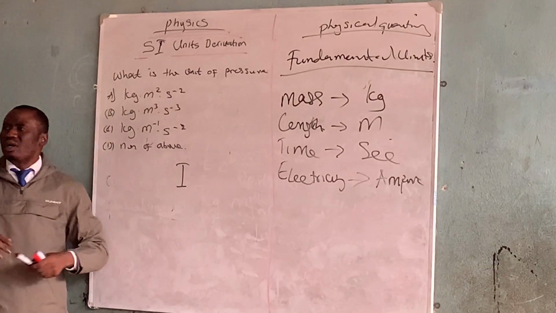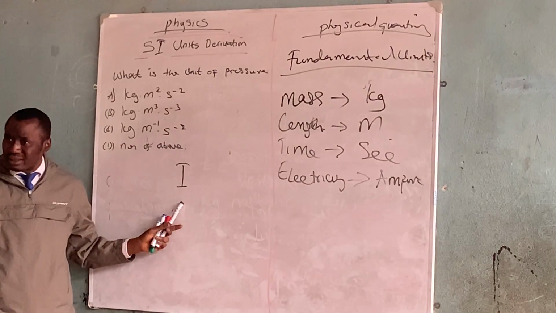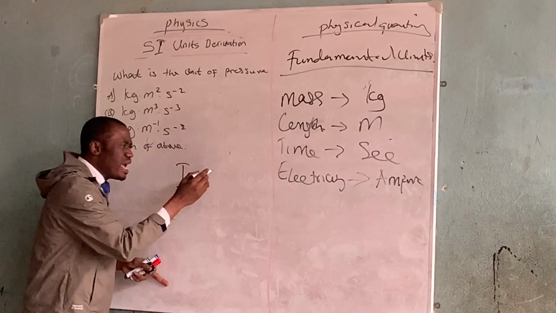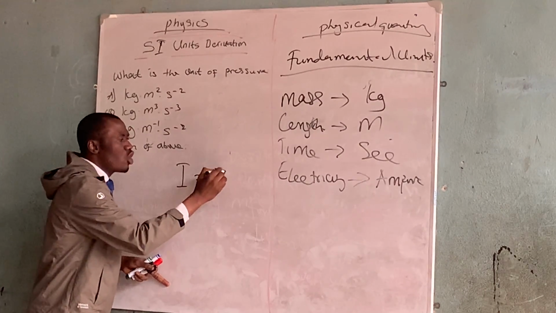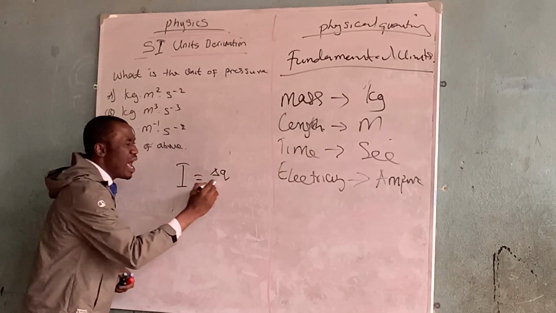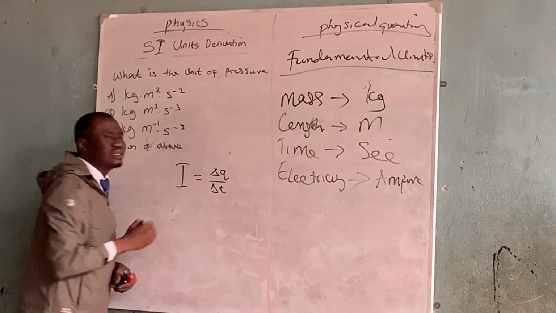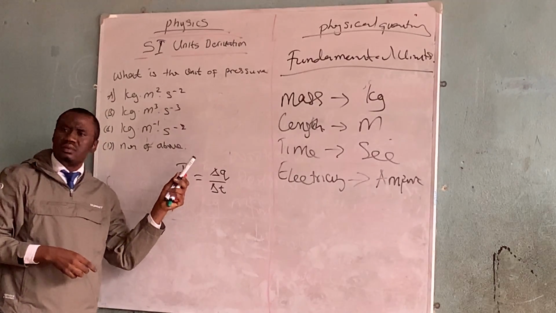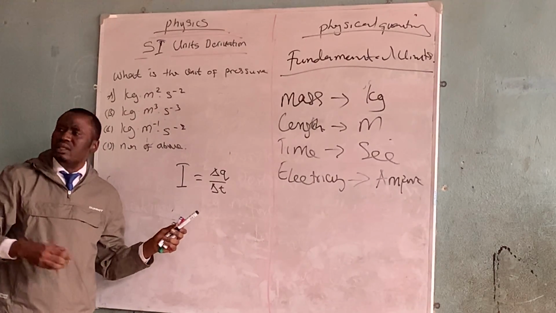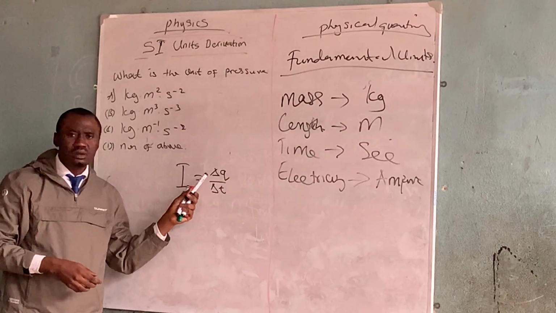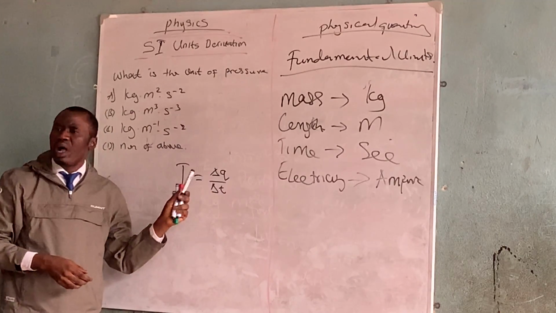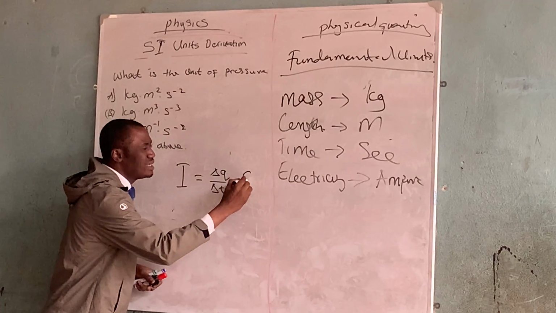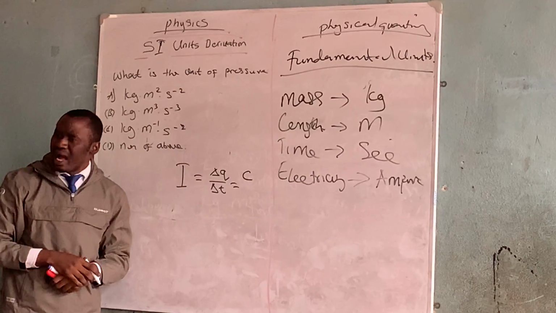Current is denoted with the letter I. Current is simply change in charge over change in time. What is current? Current is change in coulombs over change in time. Coulombs is represented by C.